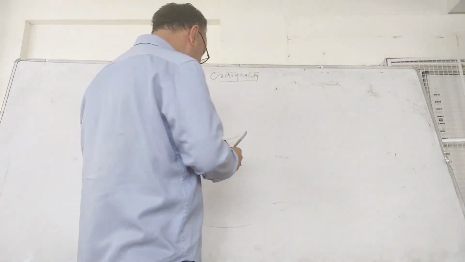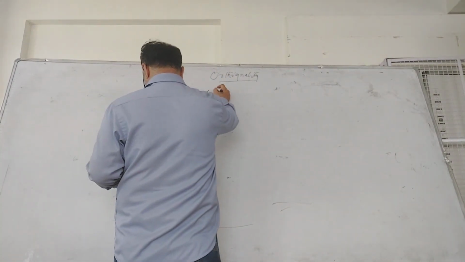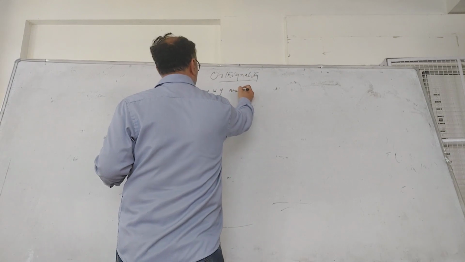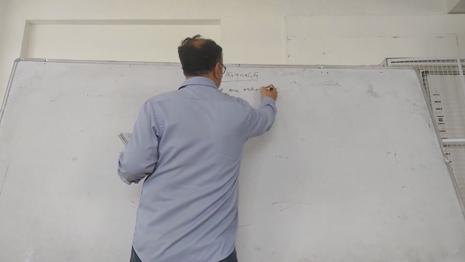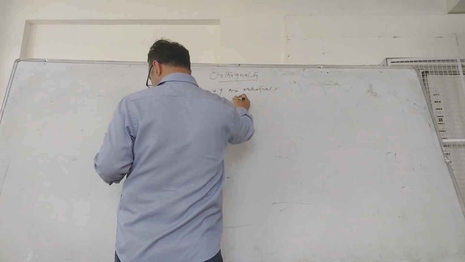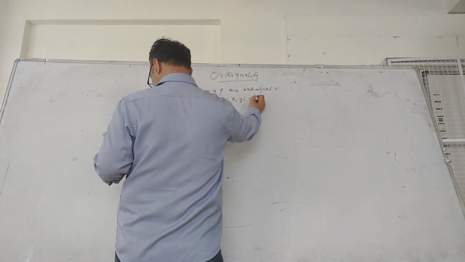Orthogonality is, by definition, that x and y are orthogonal if the inner product of x and y is 0.